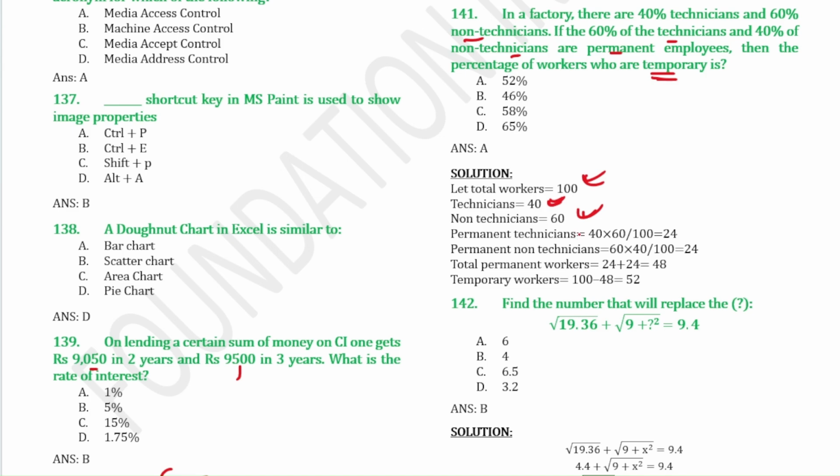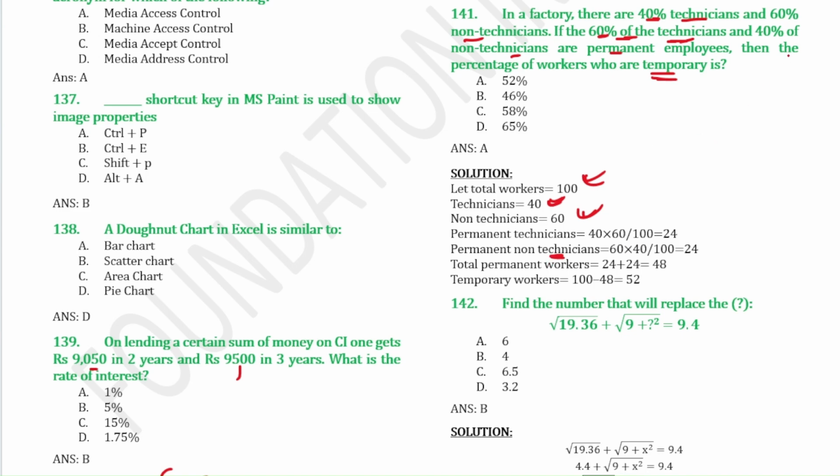So we have to find the permanent technicians. So 40 into 60, divided by 100, because we have to find the permanent technicians, and the permanent technicians is 24. And then we have to find the permanent non-technicians.